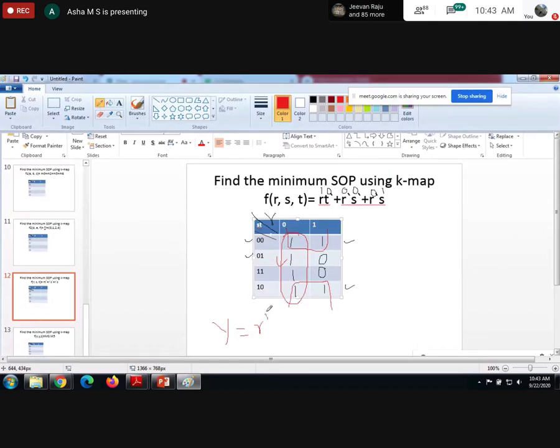So I will get only R bar, plus in this 0 and this 1 will get cancelled. And when you take these two, this 0 and this 1 will get cancelled. I am left with T. So the value of T is 0. That's the reason it is T bar.